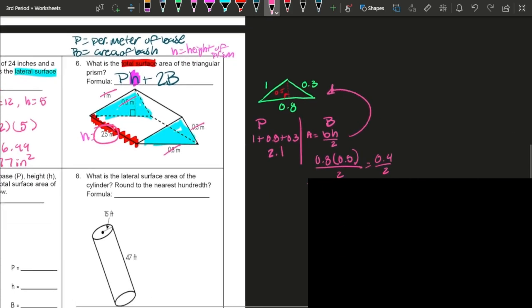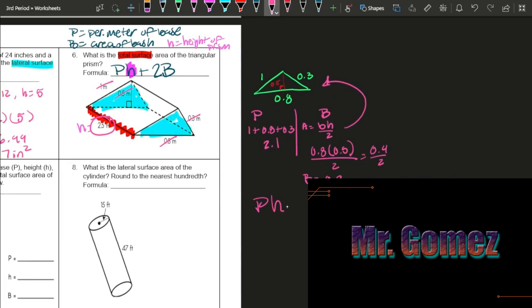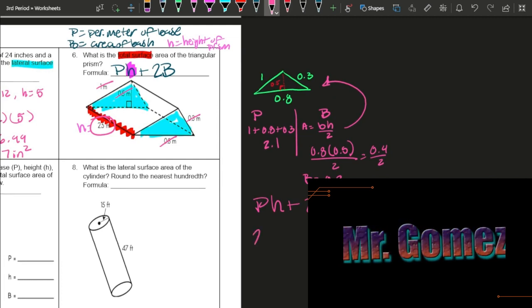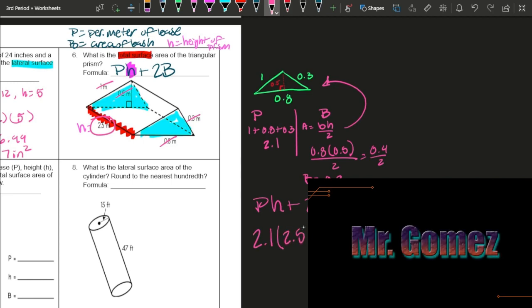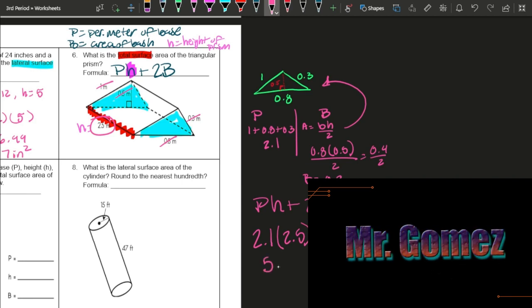So now I'm going to use that formula, PH plus 2B, and plug in the numbers that I know. Instead of P, what am I going to put? 2.1. What is the height? 2.5, plus 2 times, what is B? 0.2. We're going to put it in the calculator. So we got 2.1 times 2.5, and that will give me the lateral surface area, 5.25, plus 2 times 0.2, which gives me 0.4.